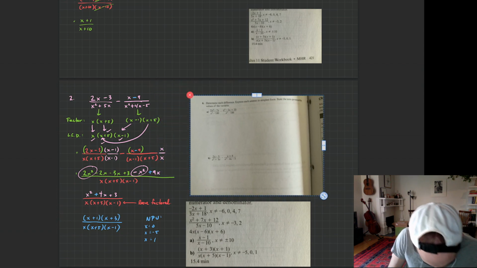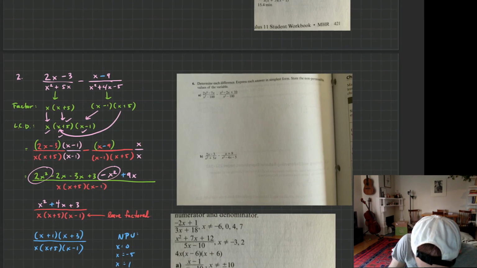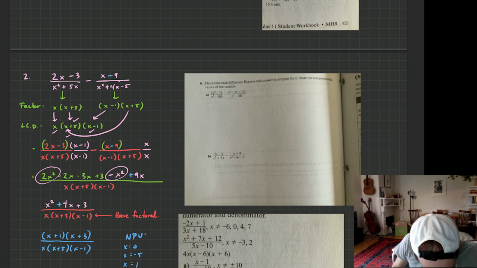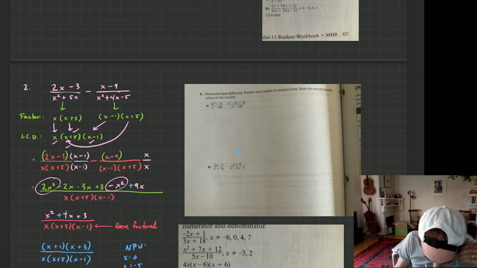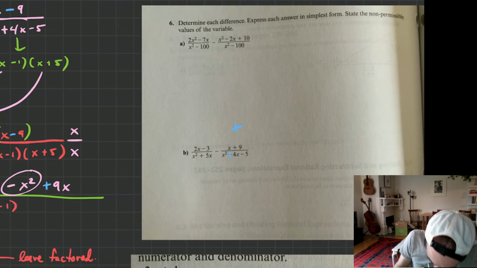Okay, so did I copy the question down correctly? I think so. x squared minus 3 over x squared plus 5x. And yeah, see, like I said, they had a plus here, a plus here. It worked much better as a minus. In fact, if it was a minus, and plus, this should have been a plus.